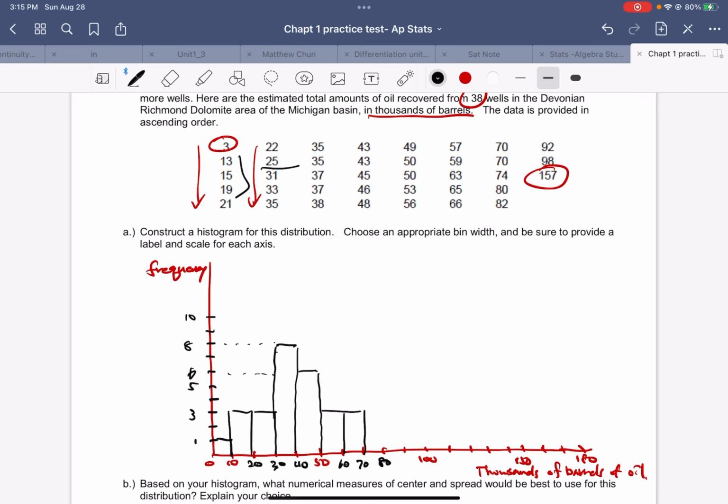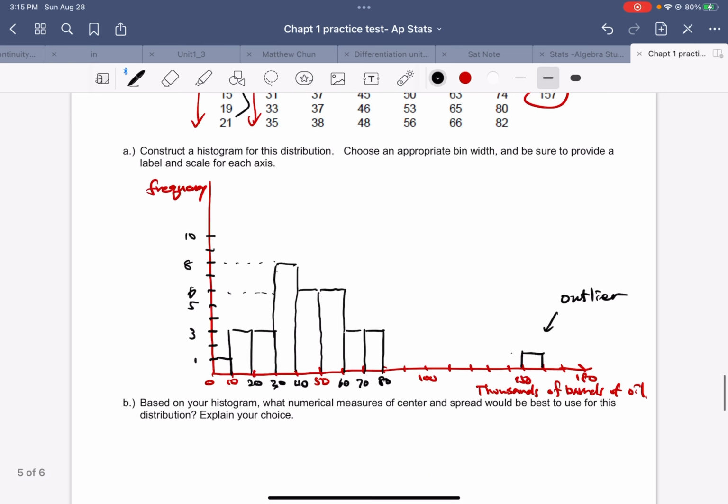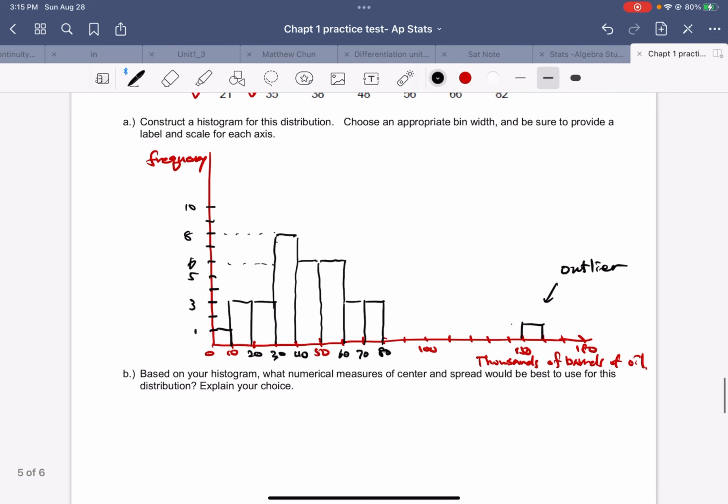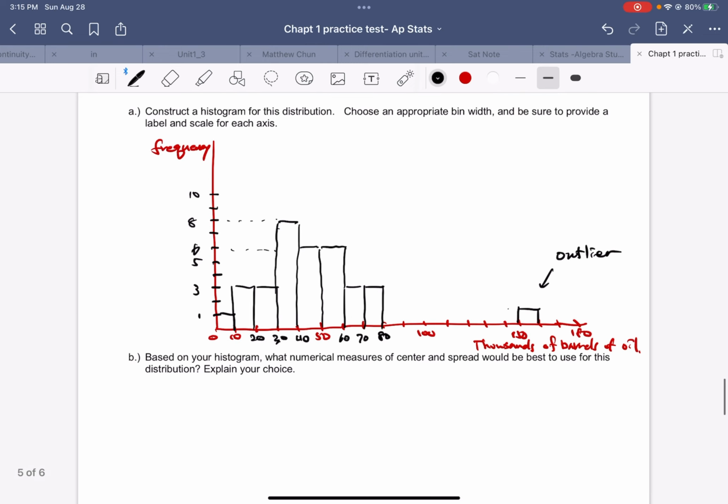Hold on, 50 to 60, whoops. 50 to 60 is also 6. And the other 2 is like that. Okay. Now you don't have any value between 82 all the way up to 150. But at 150, so 160, you have a 1. Okay. So this looks like an outlier. Okay. So that's the histogram.